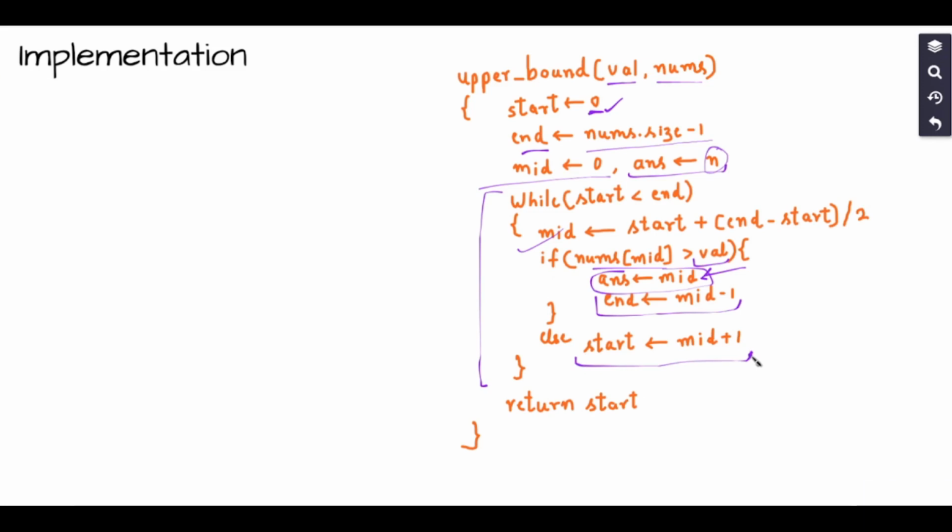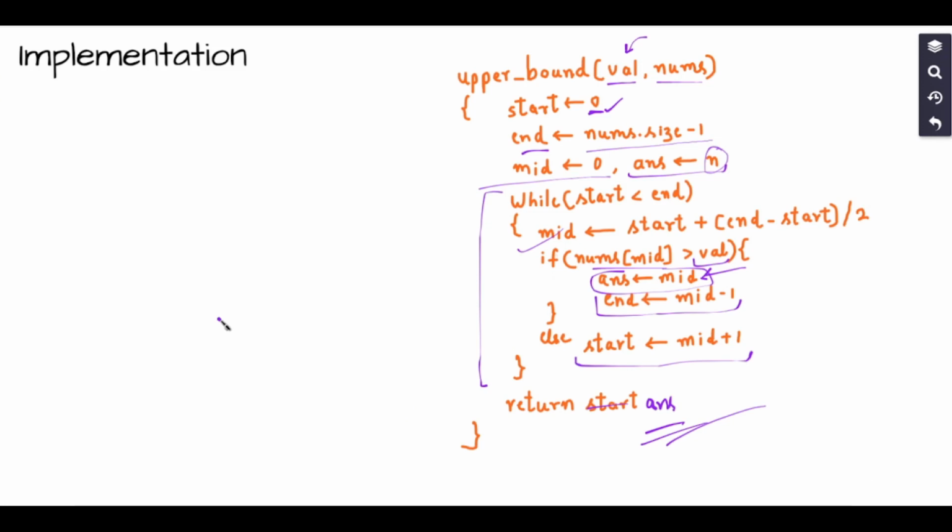In this fashion, I find the first occurrence of the element which is just greater than the value we are passing, and I return that answer. So we are returning answer, not start. We return answer right at the end of this function. In this fashion, this function is working.